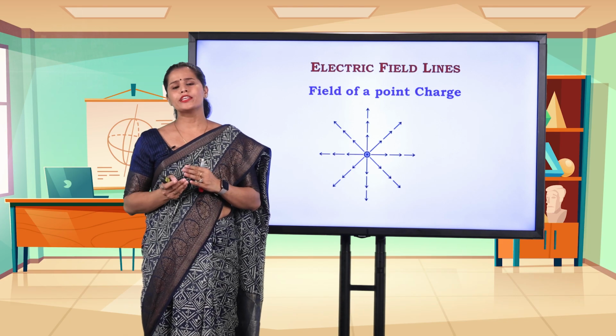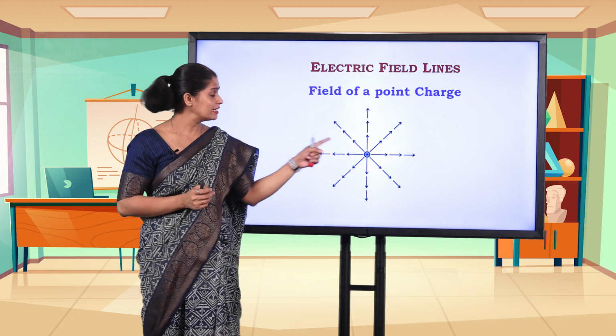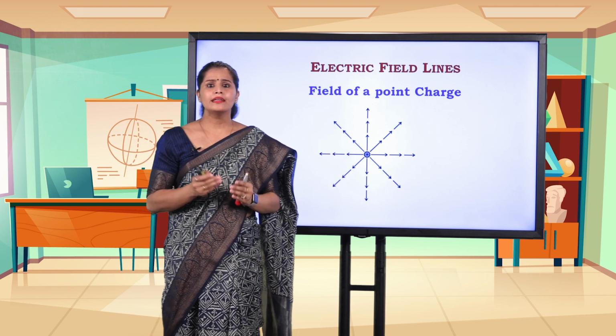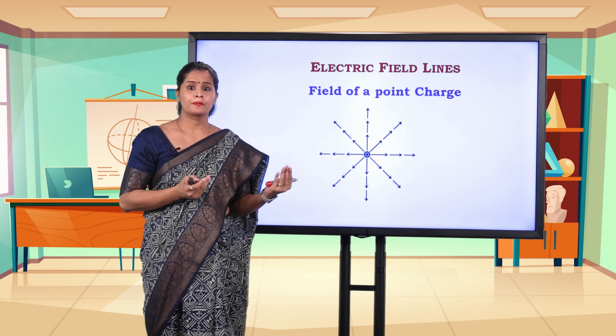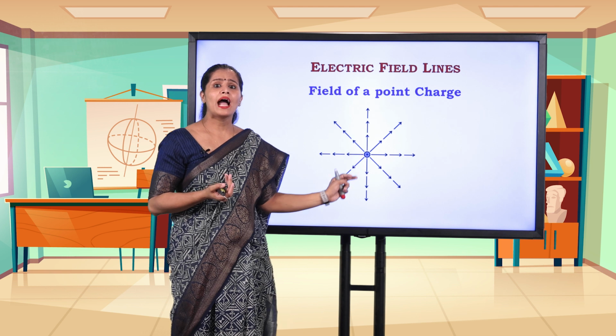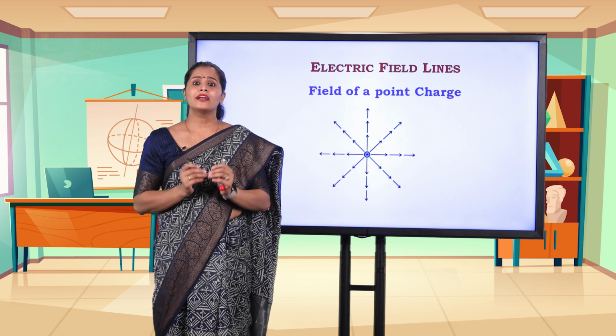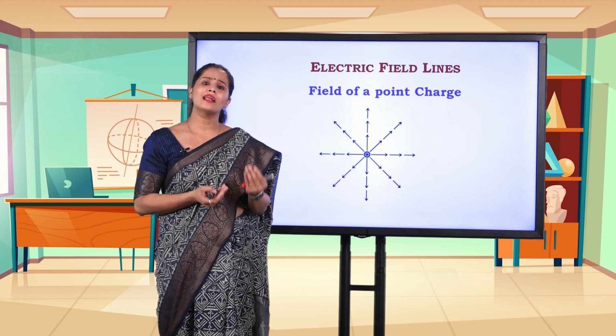E is strong near the charge, so the density of field lines is more near the charge and the lines are closer. Away from the charge, the field gets weaker and the density of the field lines is less, as you can see, and it results in well separated lines.